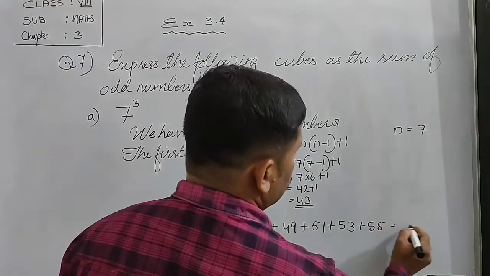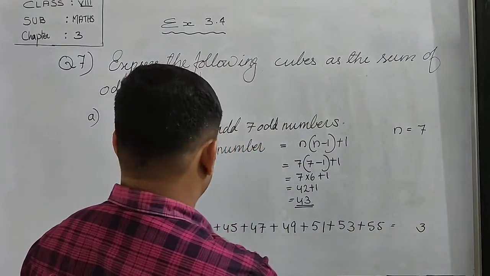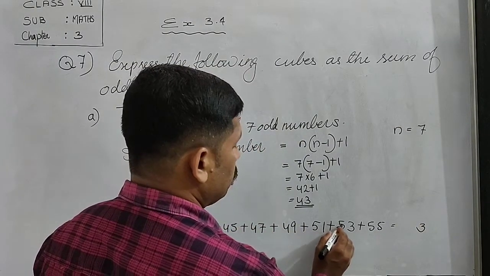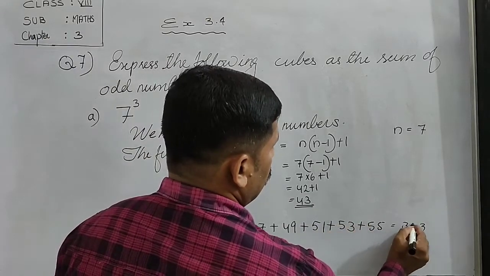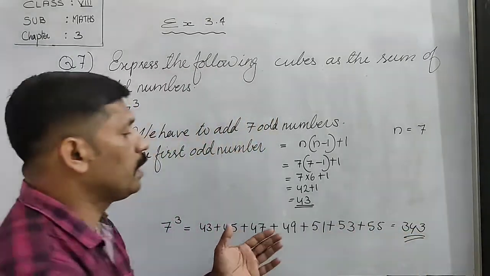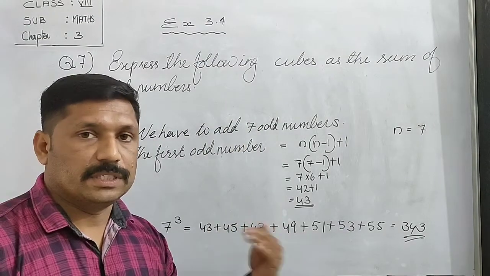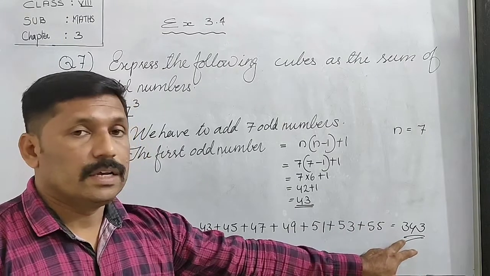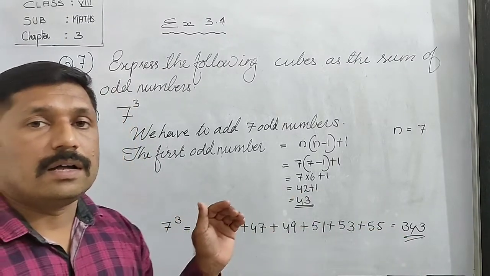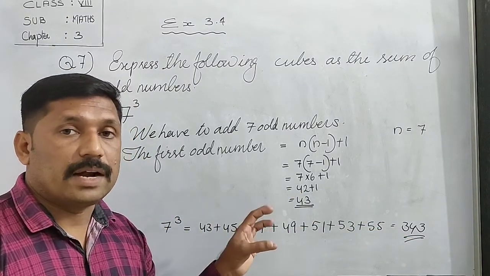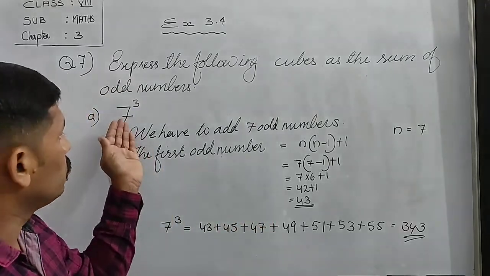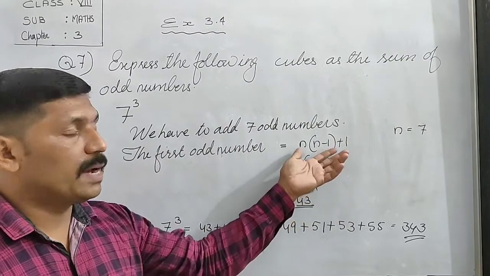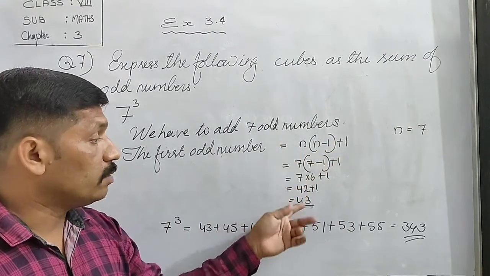So here you can see that we are getting 343. 343 is equal to 7 cube, 7 into 7 into 7. If we multiply, then also we get 343 only. So in order to find the odd numbers to be added to get the cube of a number, we use the formula n into n minus 1 plus 1 to find the first number.